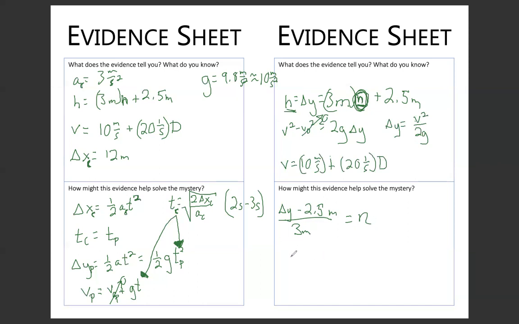And then there is also this v equals 10 meters a second plus 20 inverse seconds times the diameter of the debris field. You can use that and show, does that equal g times t, where t is the time that it took to fall, this time that you calculated, right?